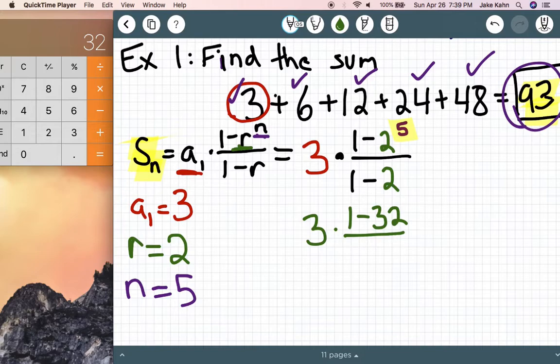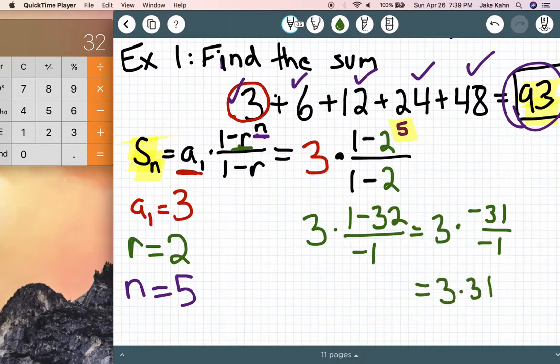And then on bottom, 1 minus 2 is negative 1. Moving forward, 1 minus 32 is negative 31. Negative 31 divided by negative 1 is just a positive 31. And 3 times 31 is indeed 93. The answer that we are expecting all along.